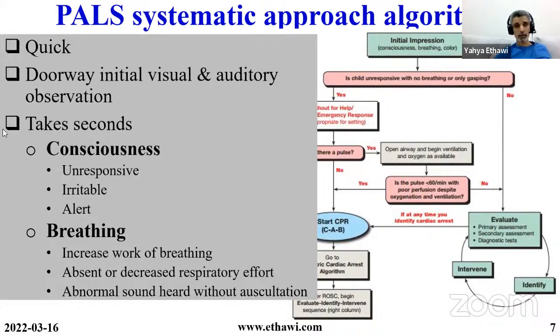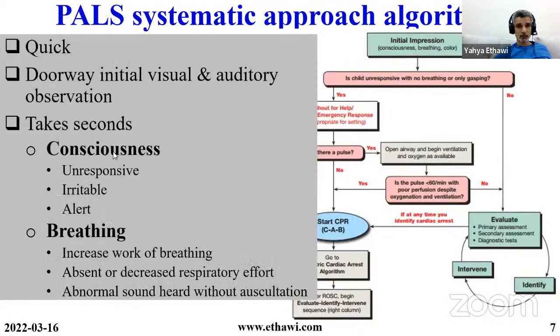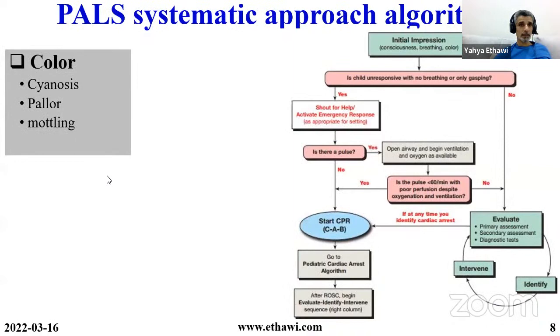So these are usually your quick first assessment. You assess consciousness, you assess breathing, and then you assess the color. Is it cyanotic? Is it pale or only mottling?